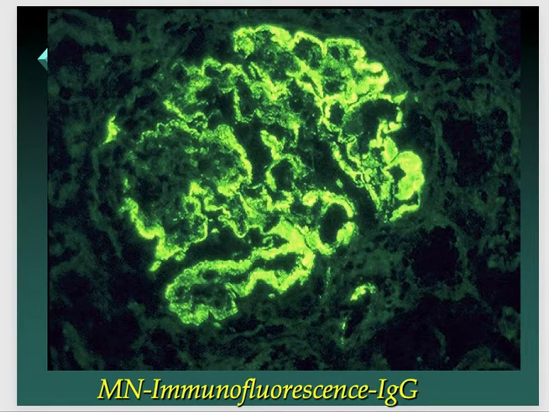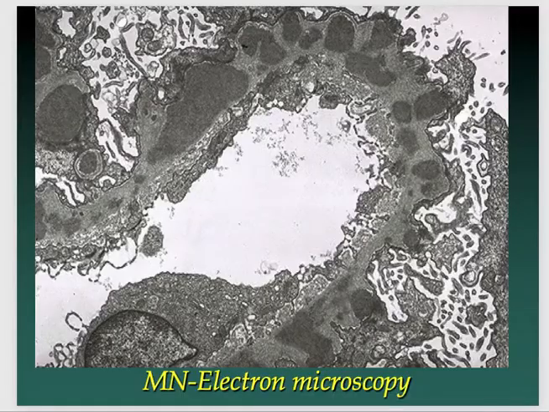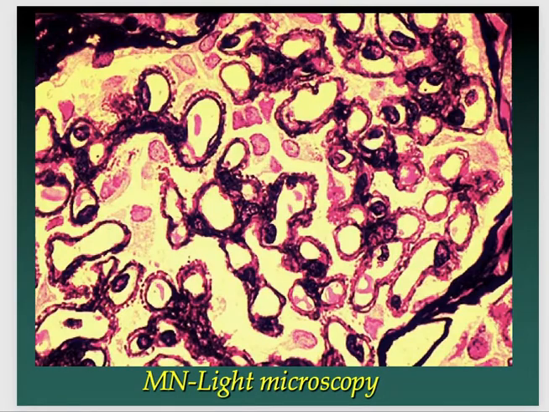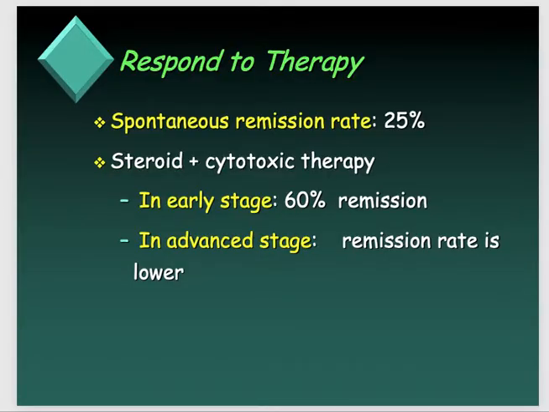So these two things: one, IgG deposits, second, thickening of the glomerular basement membrane. You can see thickening over here. This is how they appear on the microscopy.